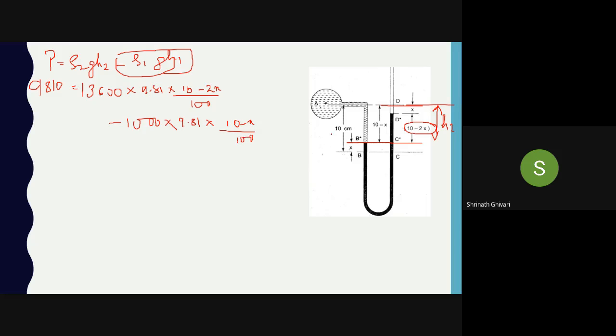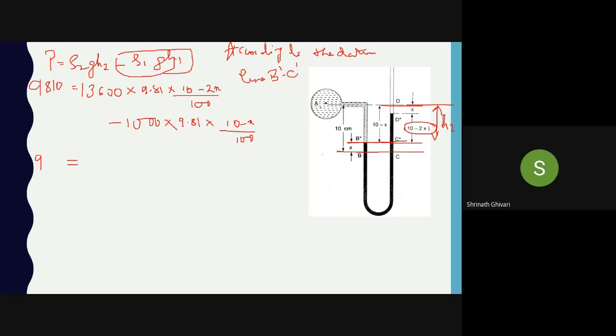Now this data is according to the datum line B dash C dash. The previous part of this problem was based on the datum line BC, but now the problem is based on the new datum line, that is B dash C dash.